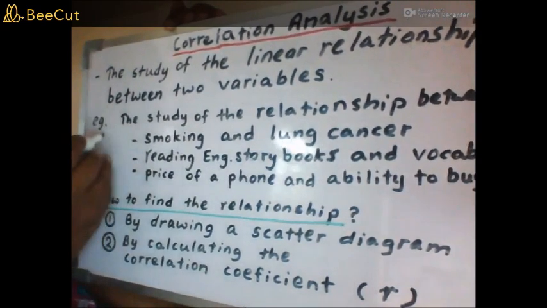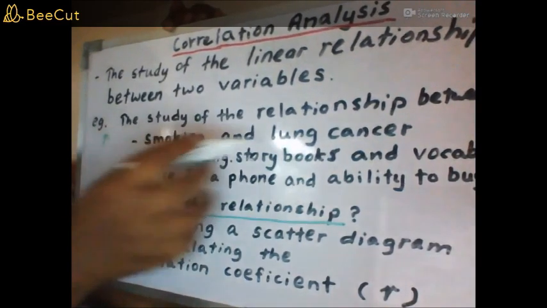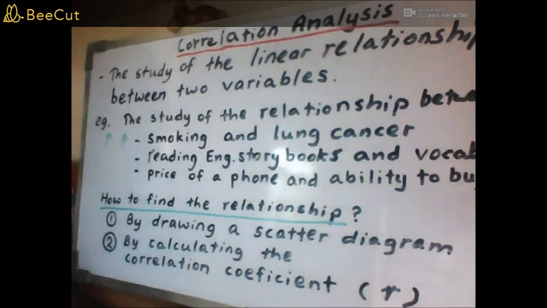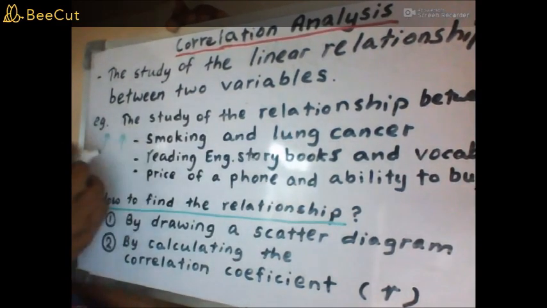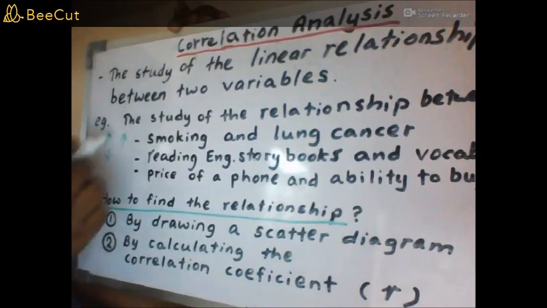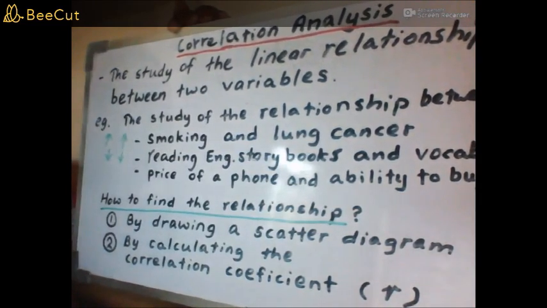You know, the more you smoke, the chances of getting lung cancer is high. The less you smoke, if you decrease smoking, the chances of getting lung cancer is low, decreasing.